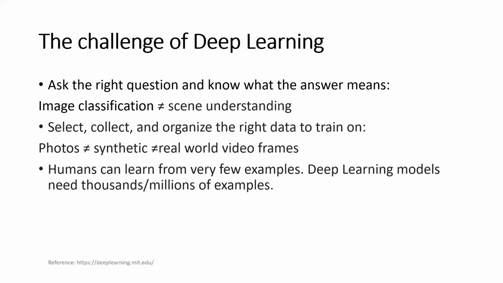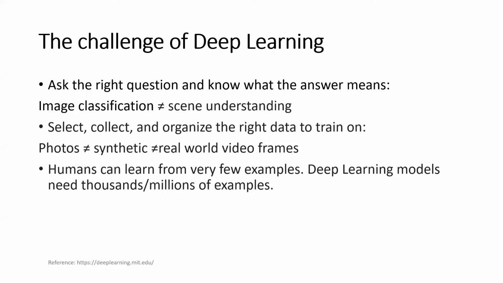Another challenge is selecting, collecting, and organizing the right data to train on. When it comes to image recognition, we have so many images we can use. For instance, we have synthetic images provided in different data sets that we use to train our models, like the MNIST data sets, then we also have photos that have been professionally taken, and real world video frames.